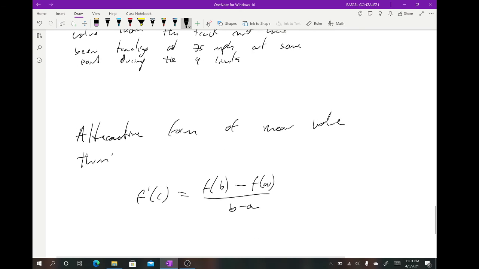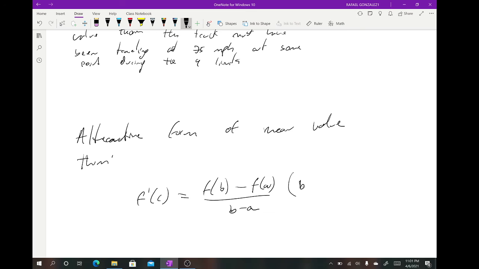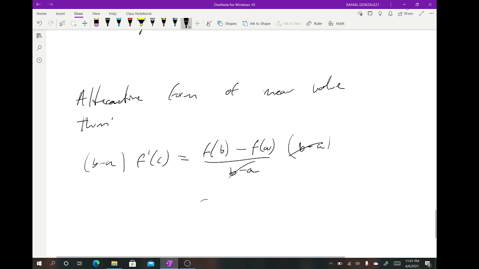So another way that we could write this, well, let's multiply both sides by b minus a.